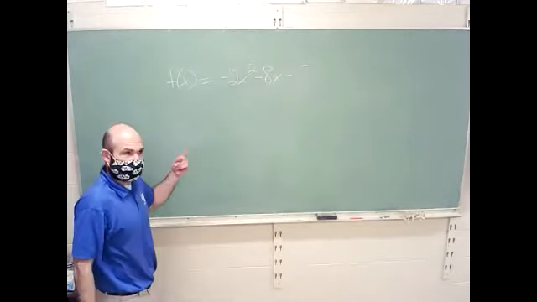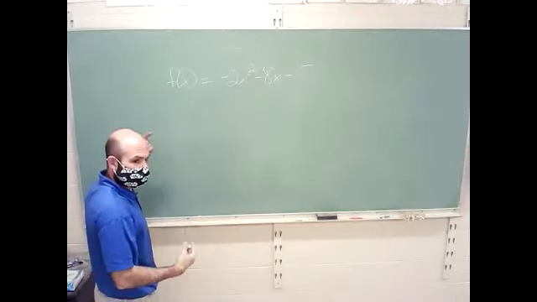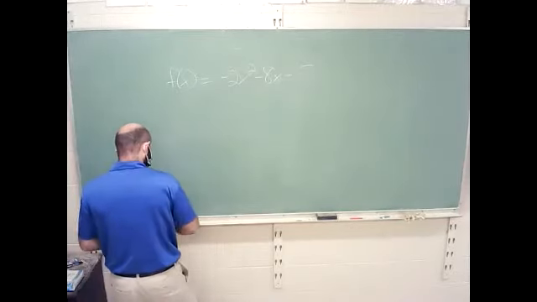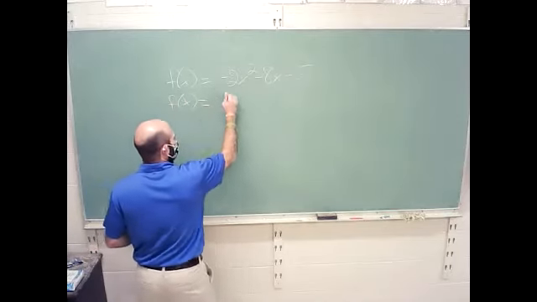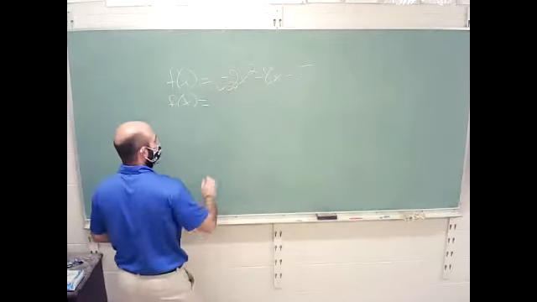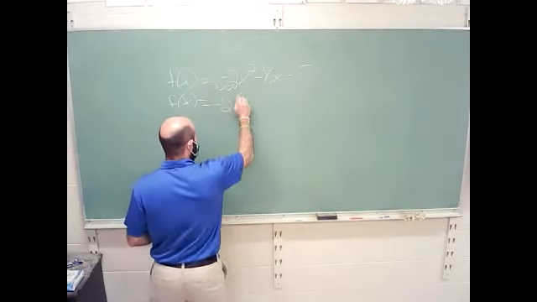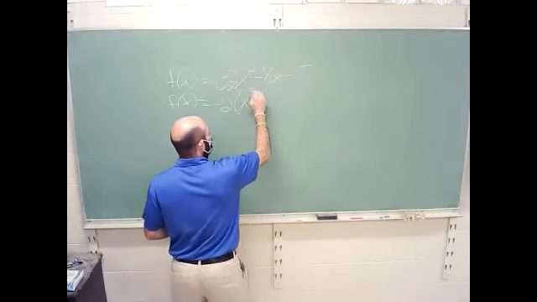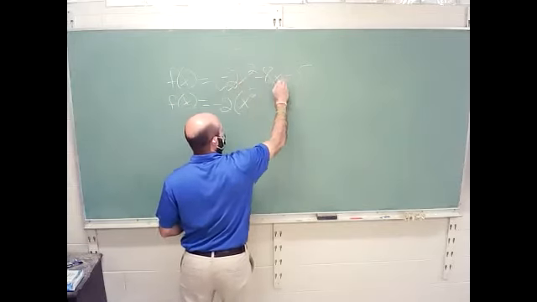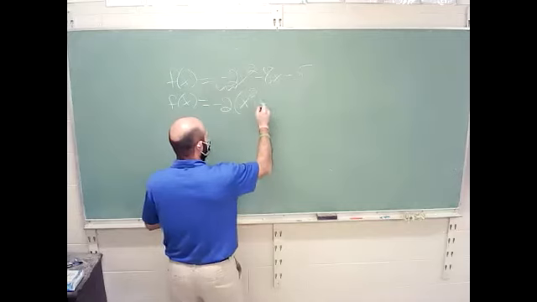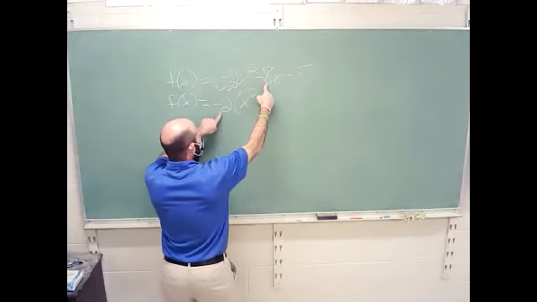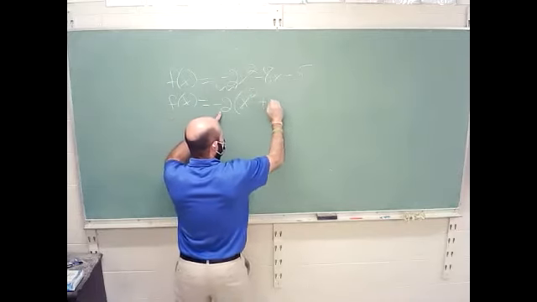Step 1, let's find our vertical stretch, shrink, reflect thing by factoring out that very front number. It comes out of both x terms because it affects both of them. That's x squared, and negative 8 divided by negative 2 is positive 4x.